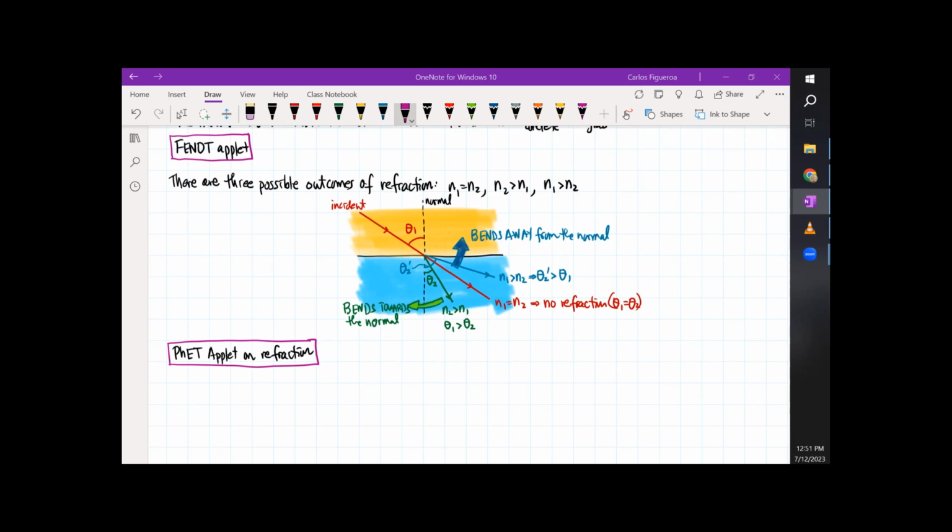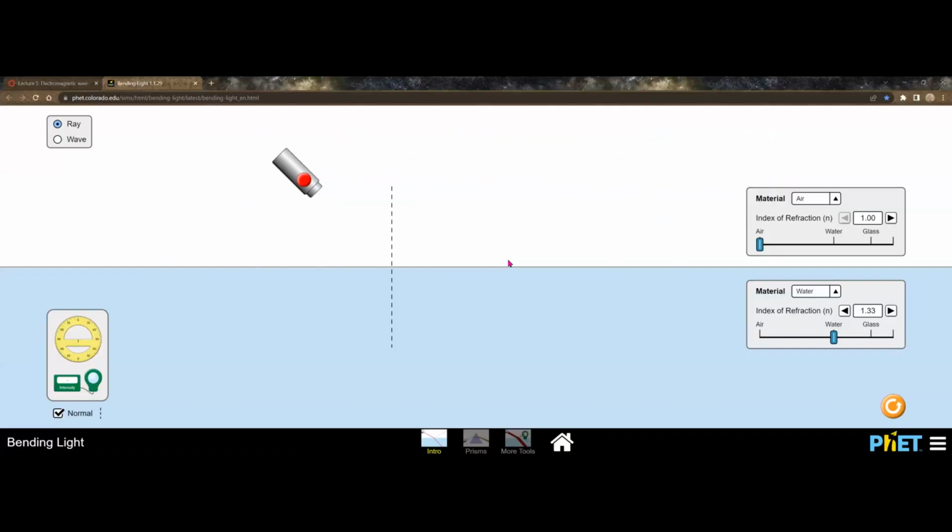Here it is. You can see the white at the top has the index of refraction of air. I'm going to move this, and the bottom now shows that I've changed the index of refraction to air as well. So they're both the same.